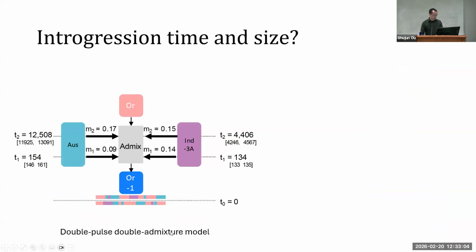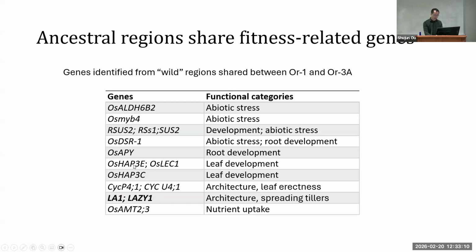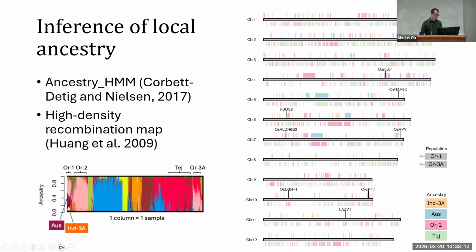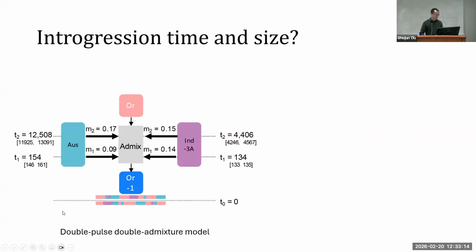So I use this double pulse, double admixture model for OR1 because from the admixture, we know there are at least two donors. So I want to infer when and how large was the donation of genetic material to the background of wild rice, making our modern day OR1.